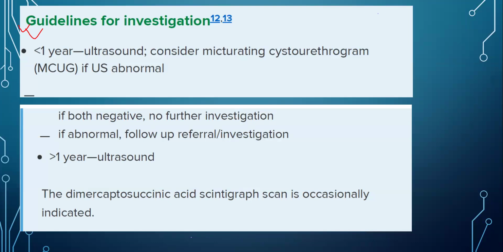If a child has recurrent UTI, you will need to do an ultrasound. And if the ultrasound shows anything abnormal, then we do a micturating cystourethrogram or voiding cystourethrogram. So we call it MCUG or VCUG.